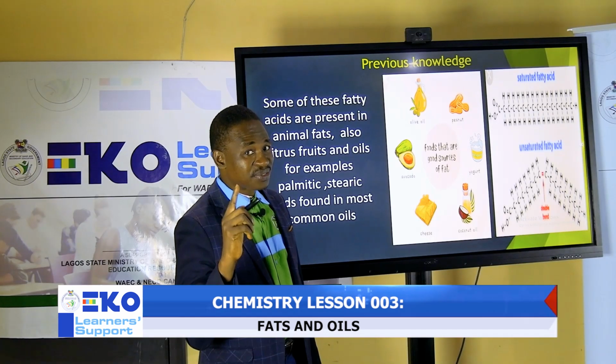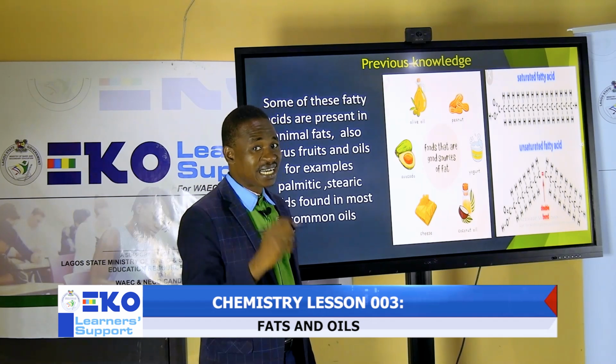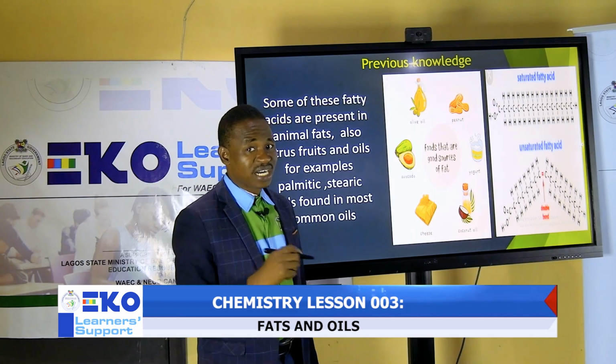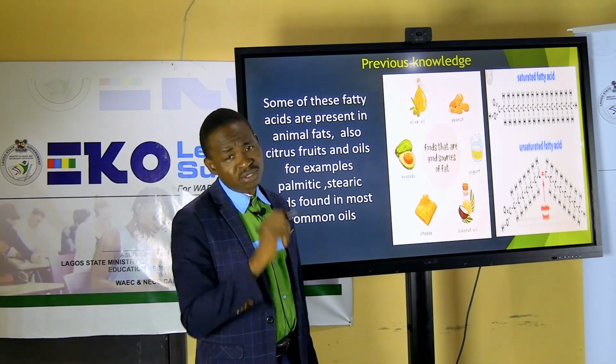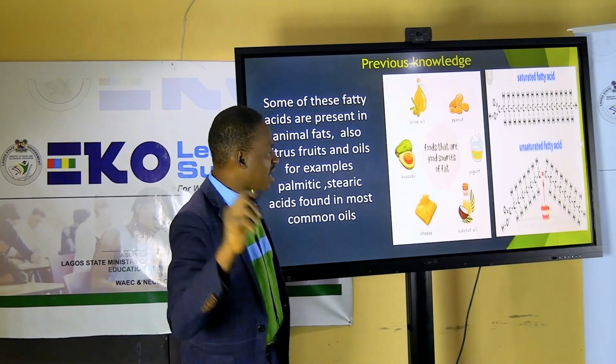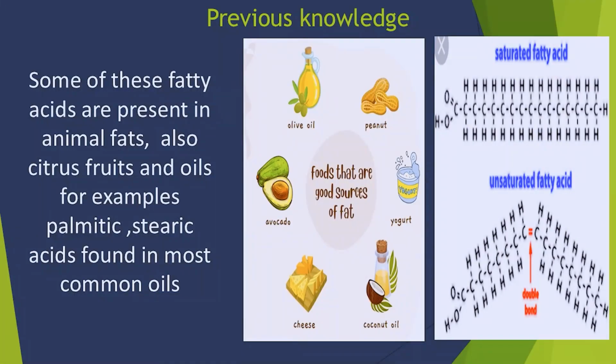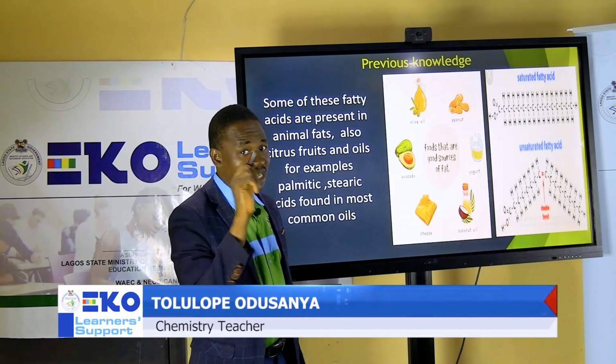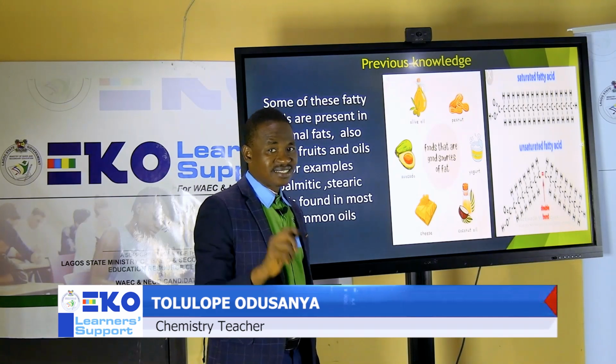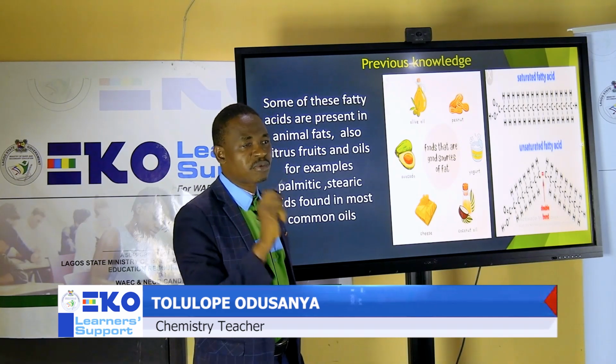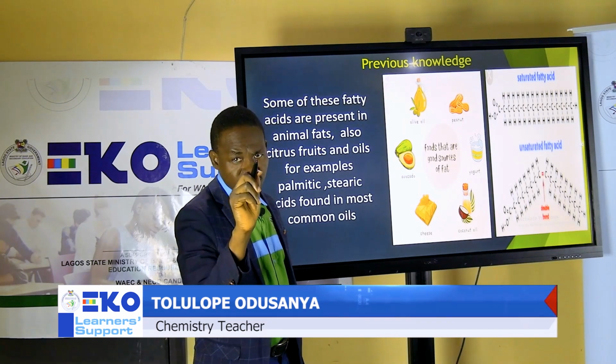When they say saturated, I hope you understand. They are mainly hydrocarbons without double bonds. While some have what we call unsaturated fatty acid. When you hear unsaturated, what comes to your mind is that they have double bonds or triple bonds.